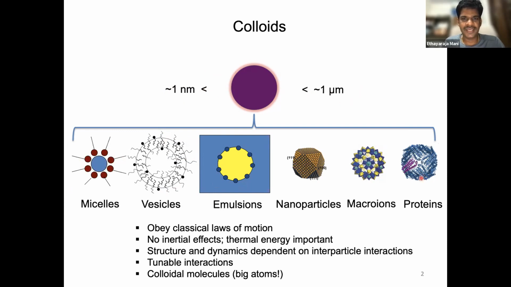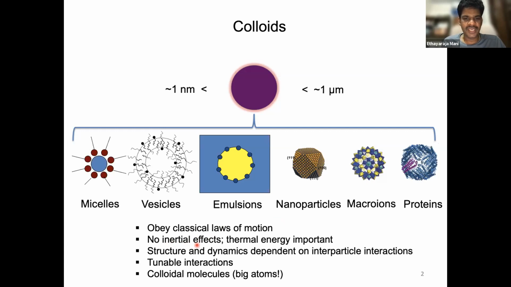And why are these interesting? Because you could actually describe the dynamics of the systems using classical mechanics. So you don't really need quantum mechanical description. You could solve Newton's law of motion for these objects. And they are not typically subjected to inertial effects, so they are mostly Brownian. They are thermally actuated. Thermal energies are important.